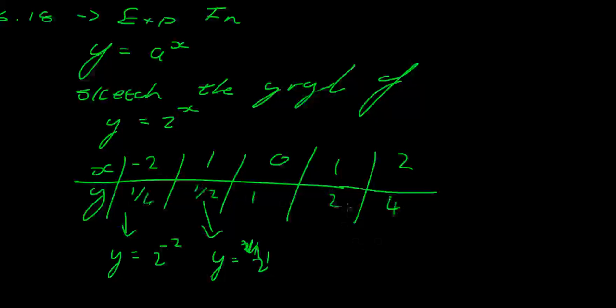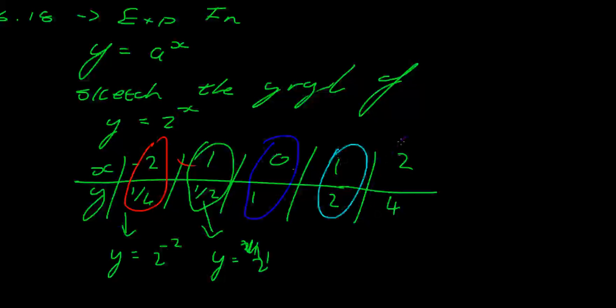Okay, so the next step would just be to plot it. So this is our first ordered pair, second, third, fourth, and fifth. So let's just plot those guys and we'll be good to go.